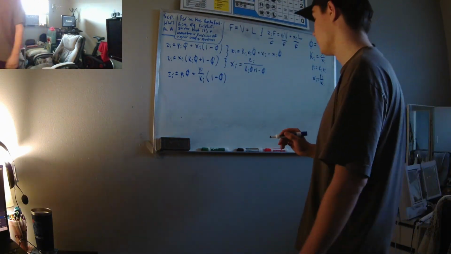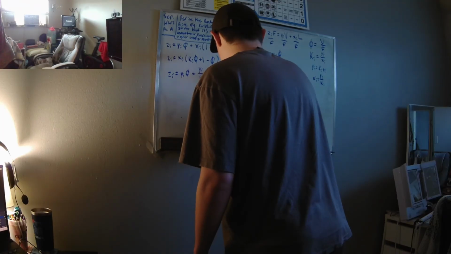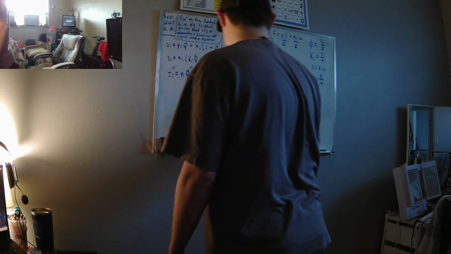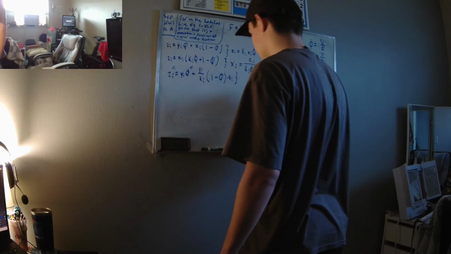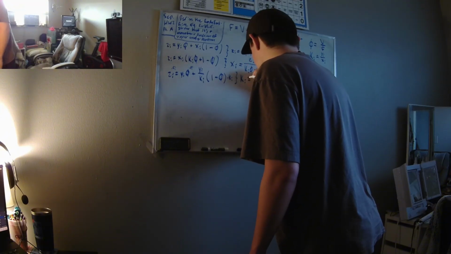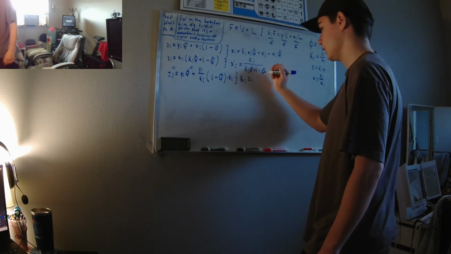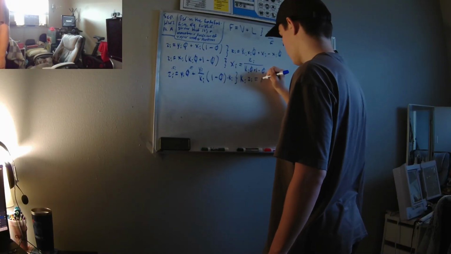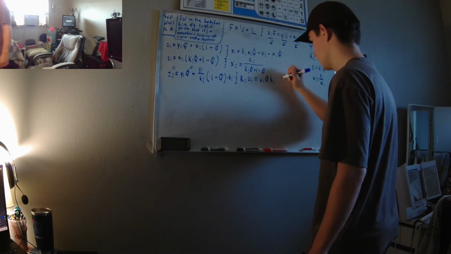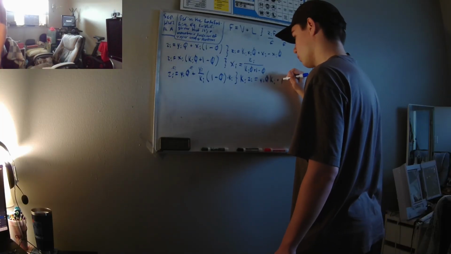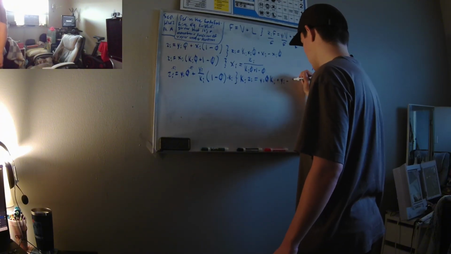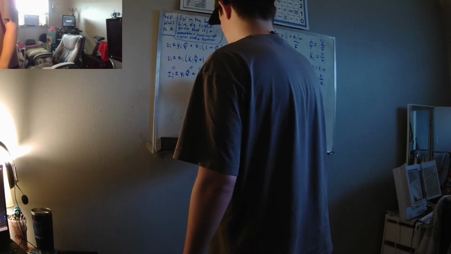If we multiply everything by Ki, we get that Ki Zi is going to equal Yi phi Ki plus Yi times 1 minus phi, as these two Ki's are going to cancel.